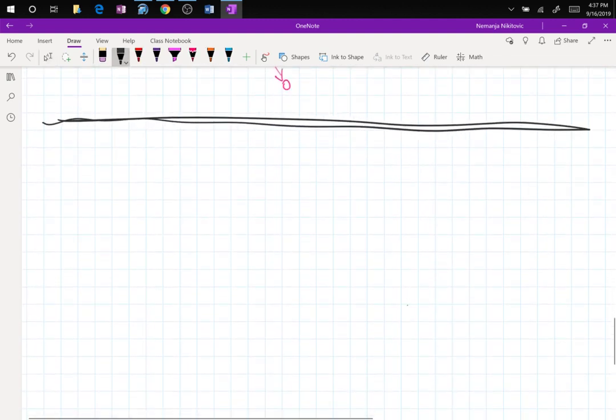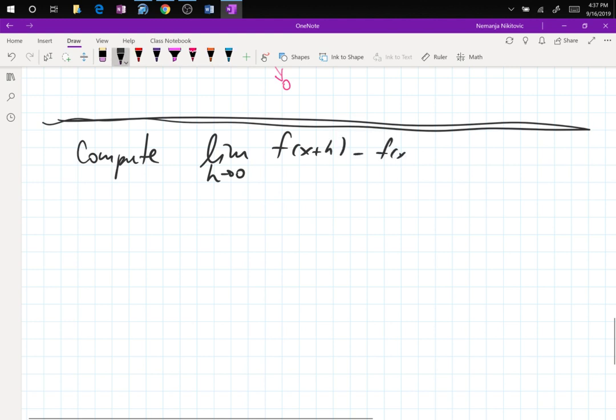But I'm going to say compute the limit as h goes to 0 of f of x plus h minus f of x divided by h for f of x equals x squared plus 4, let's say.